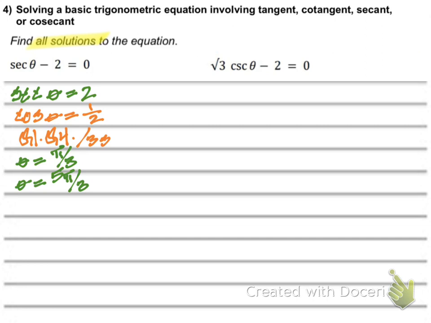Well, pi would be 3 pi over 3, right? So if I added 3 pi over 3 to pi over 3, that would be 4 pi over 3, right? So they're more than pi apart, so they each need the 2k pi. Plus 2k pi, where k is in z.